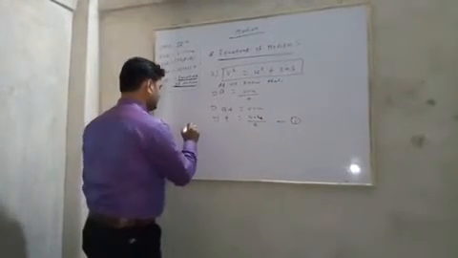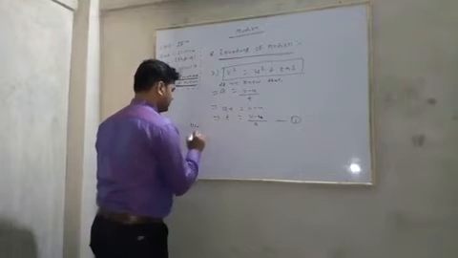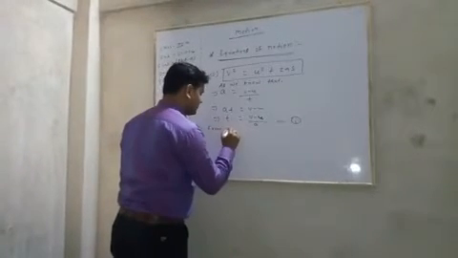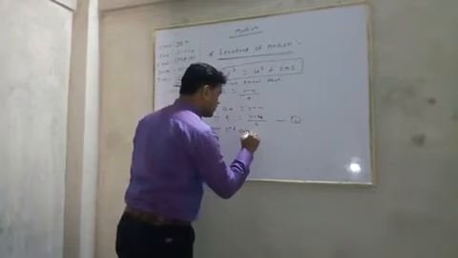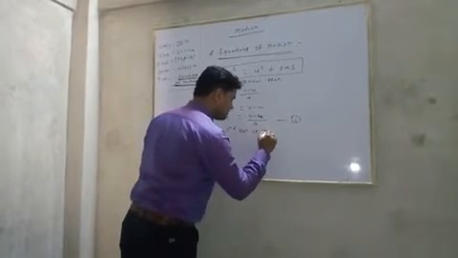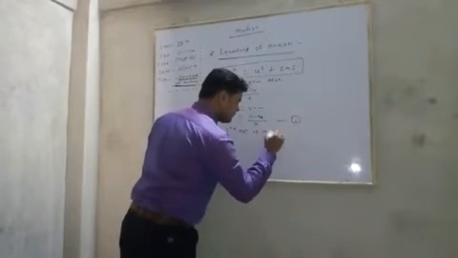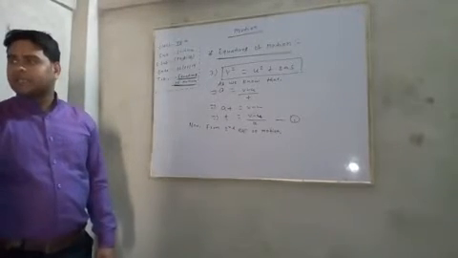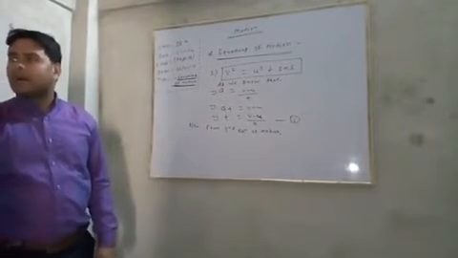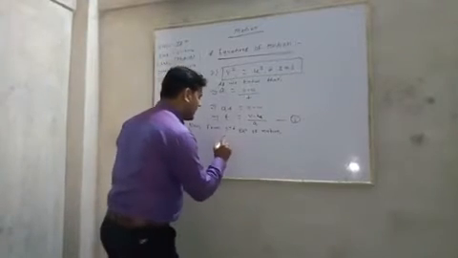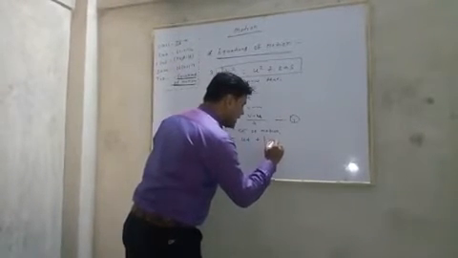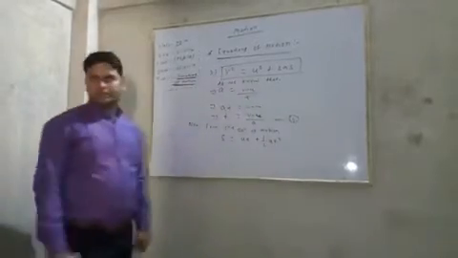Now from the second equation of motion. What is the second equation of motion? s is equal to ut plus half at square. So we will write s is equal to ut plus half at square.